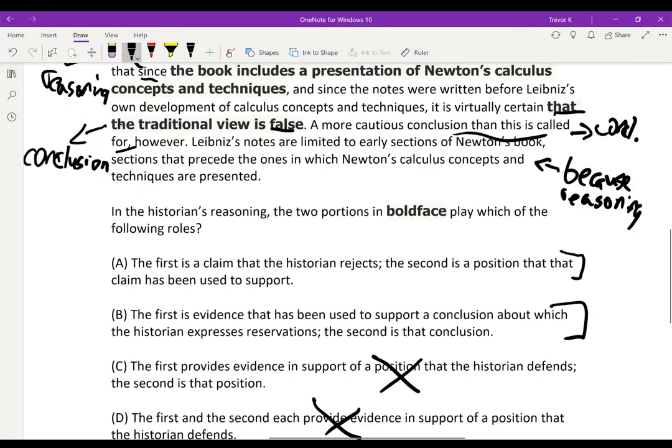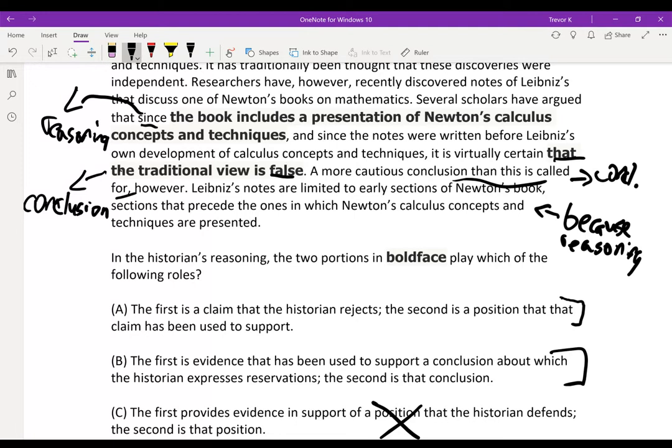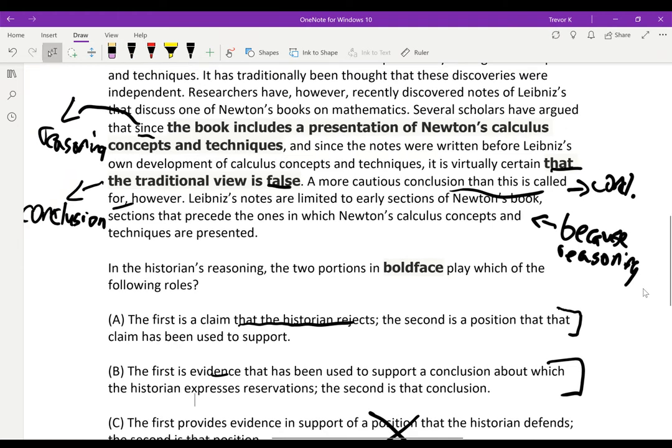No. So let's see. Our big question here is whether it is a claim that the historian rejects, or is it just evidence? It says the book includes a presentation of Newton's calculus concepts and techniques. And these are notes that discuss one of Newton's books on mathematics. So I wouldn't say he disagrees that they include a presentation of Newton's concepts and techniques.